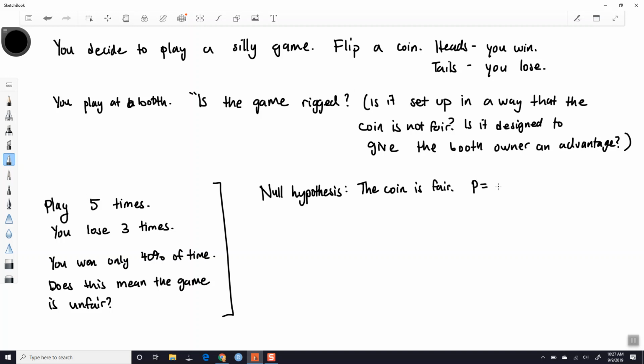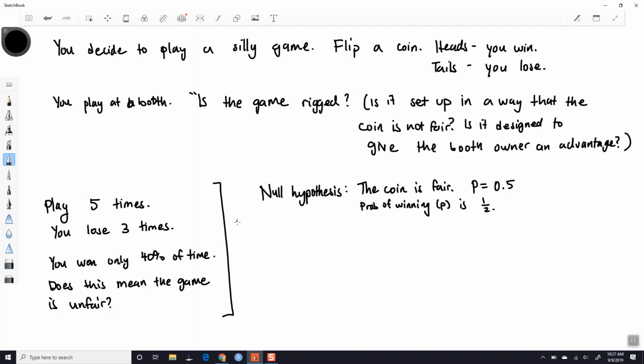That the probability of winning is 0.5. P is the probability of winning. P is 1/2. Okay? That's the null hypothesis. The null hypothesis always has to be written with an equal sign, so we have to say that P is equal to something, all right?